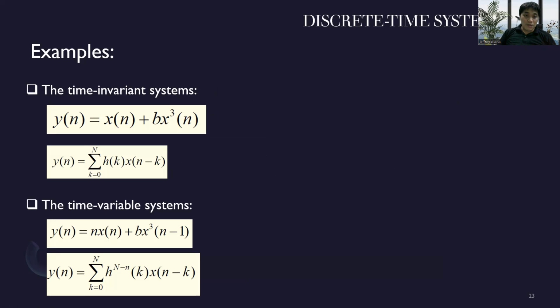For the time variable systems, the formula y[n] = n x[n] + b x^3[n - 1], or in other formula, y[n] = the summation of k = 0 to the big N, h^(N-n)[k] x[n - k].